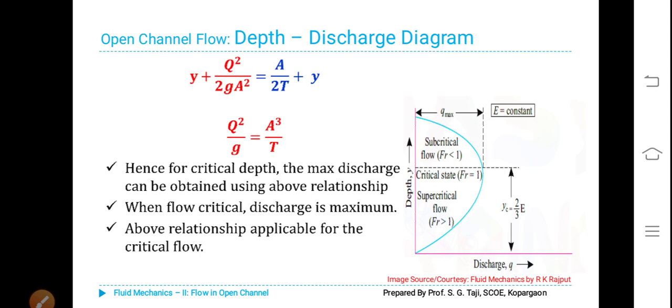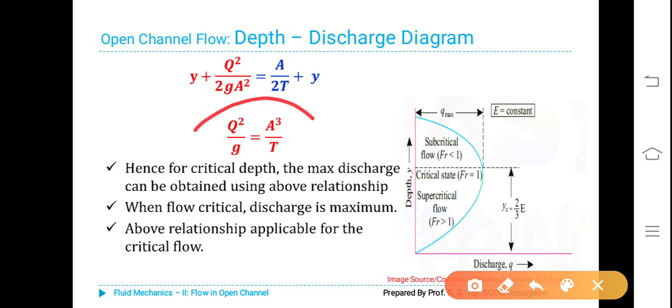Therefore, Q squared by g will be equal to A cubed by T. Hence, for critical depth, the maximum discharge can be obtained using the above relationship. When the flow is critical, discharge is maximum. So for the critical flow, discharge will be maximum. The above relationship is applicable for the critical flow only.